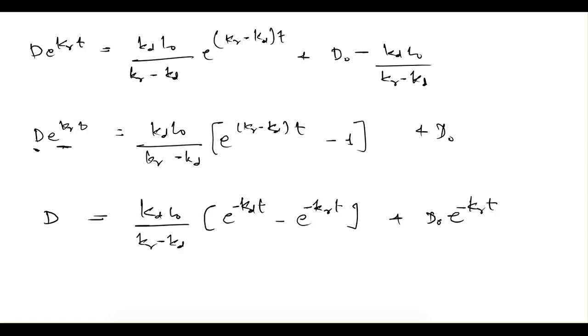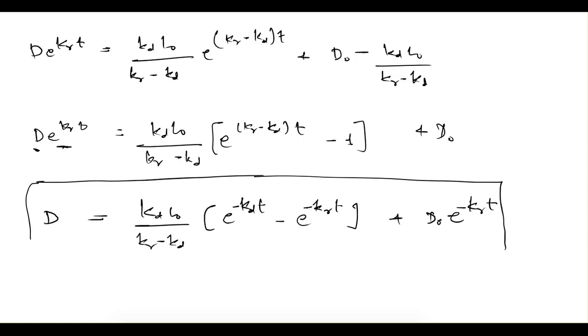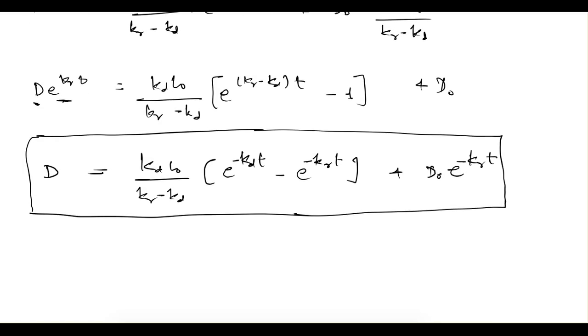So this equation is your general equation for oxygen deficit, and this is also known as the Streeter-Phelps equation.